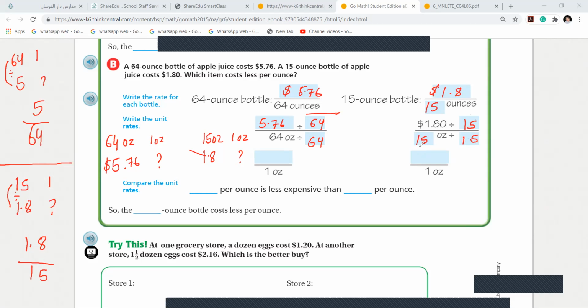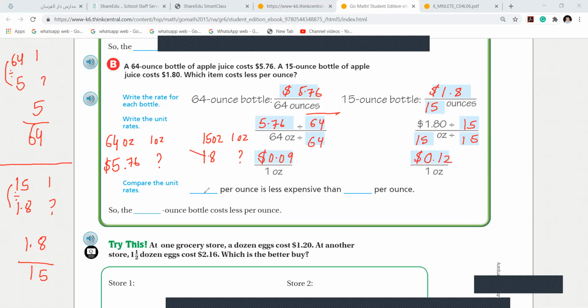When I do it, I get $0.09 for this, and for the other one, I get $0.12. Okay. So here, which one costs more?